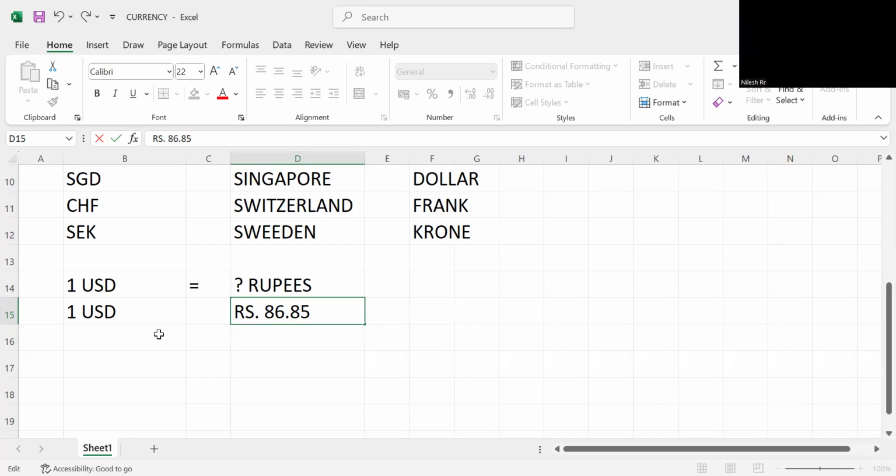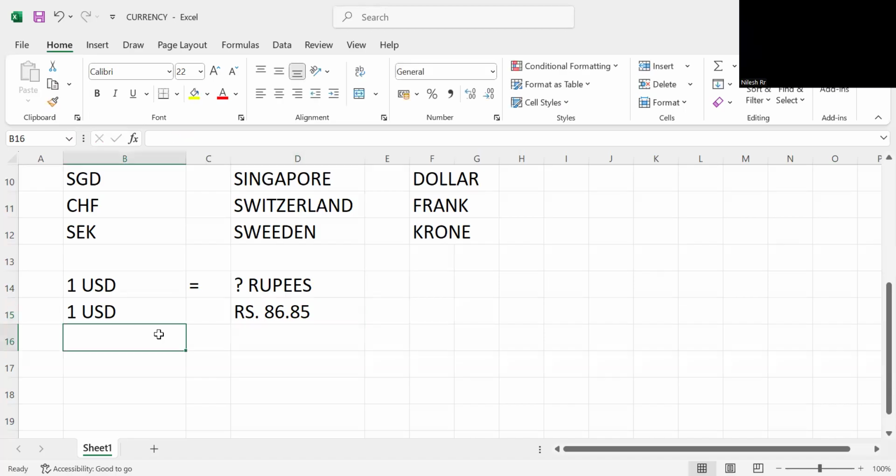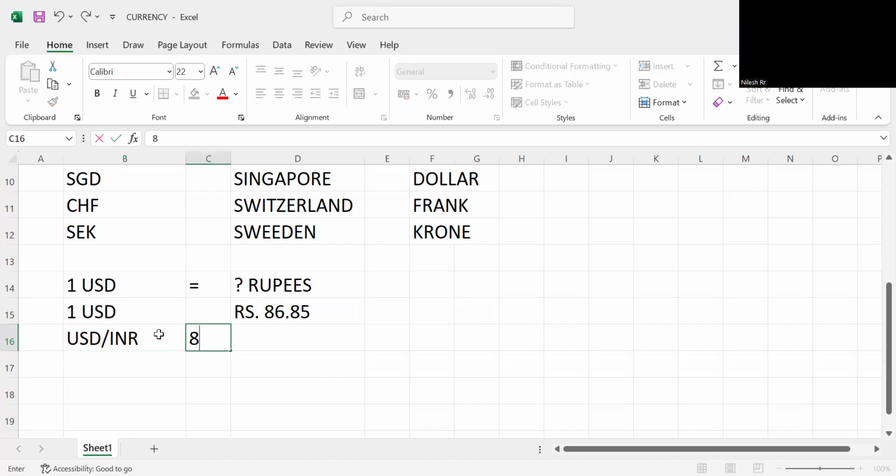If I want to mention this as a quotation, I will mention that as USD slash INR 86.85. USD slash INR is 86.85. Now, this is one price, one quotation I have given.